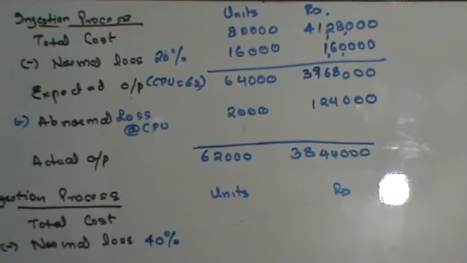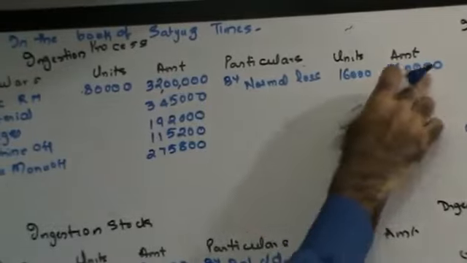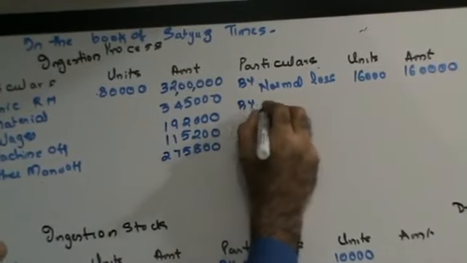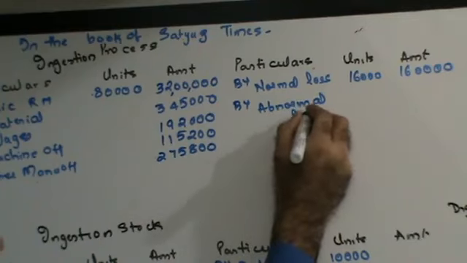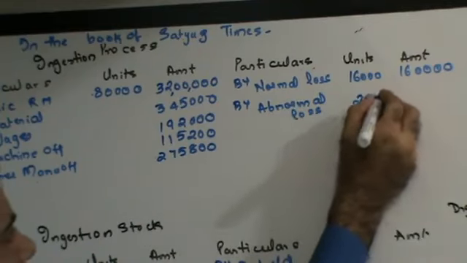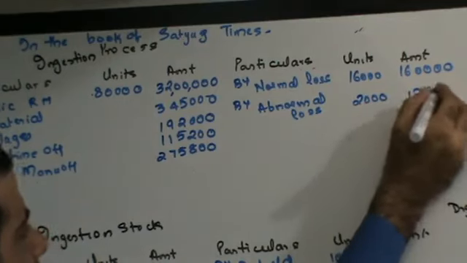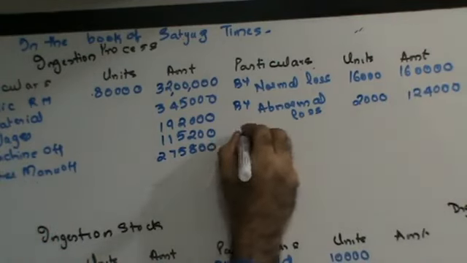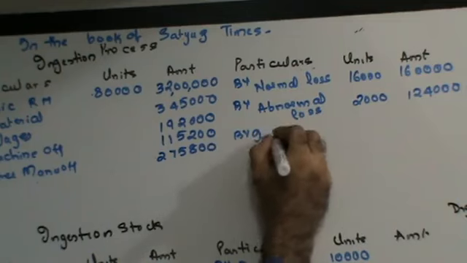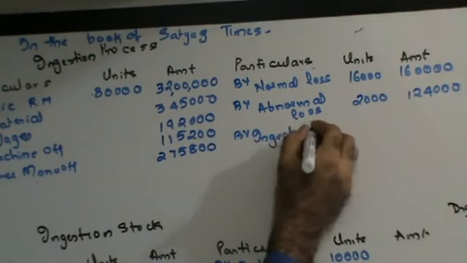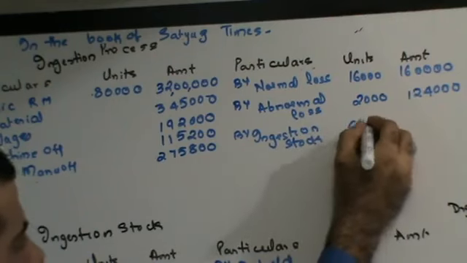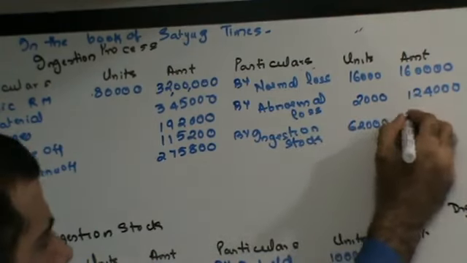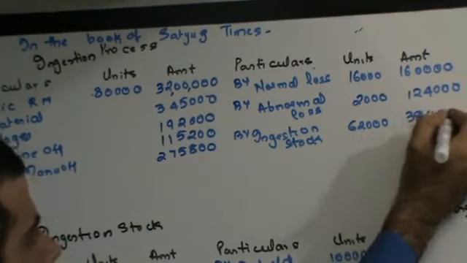Now let's transfer the entries. By normal loss, 16,000 units, 1,60,000. By abnormal loss, 2,000 units, 1,24,000, and by ingestion stock, the actual output will be transferred to stock, 62,000 units and 38,44,000.